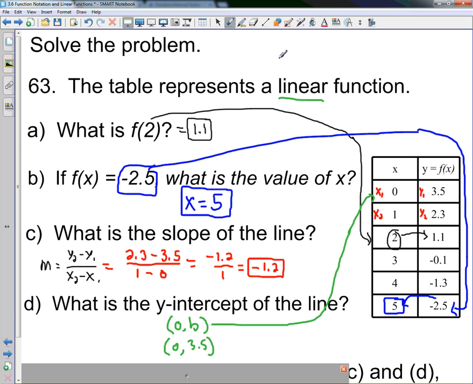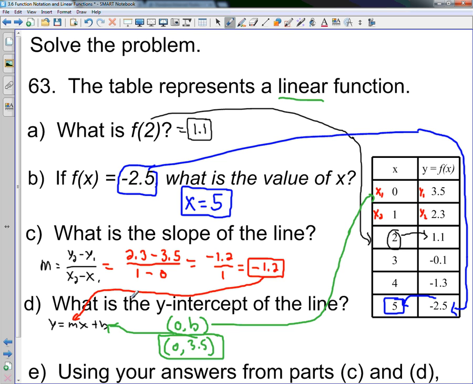So when I write my equation in y equals mx plus b, my m value is what we found in the previous problem. My b value is what we found by looking at that first ordered pair, because that's when x was 0. So we can go ahead and say the y-intercept is at the point 0, 3.5.